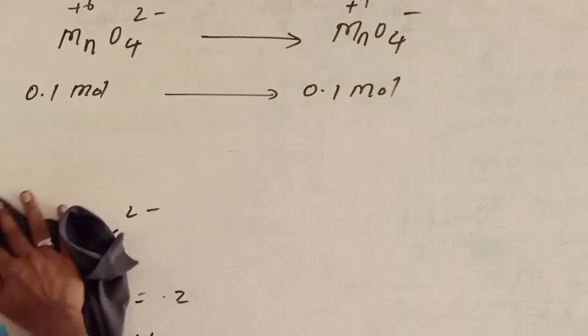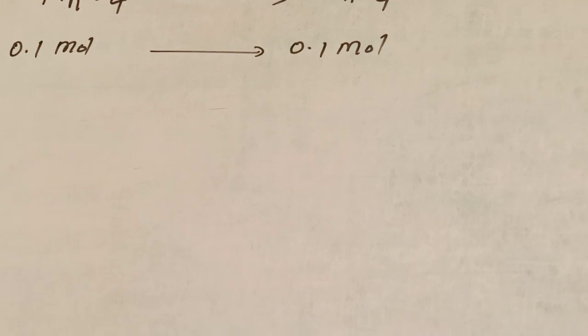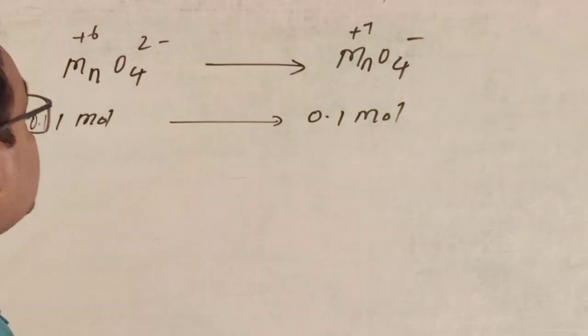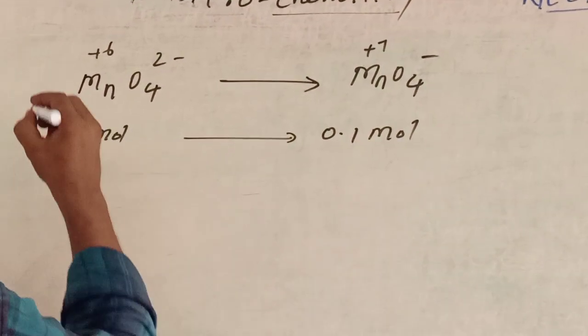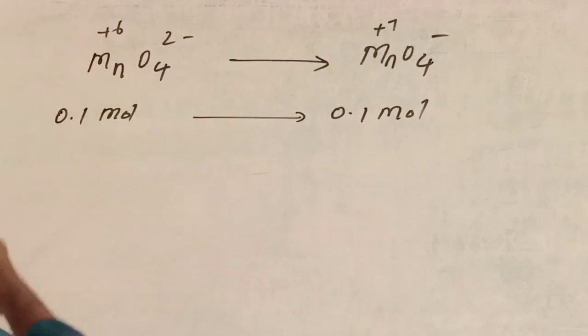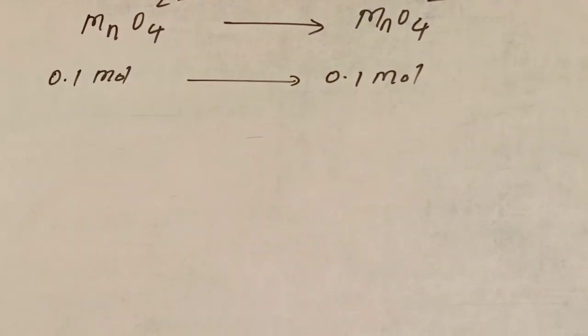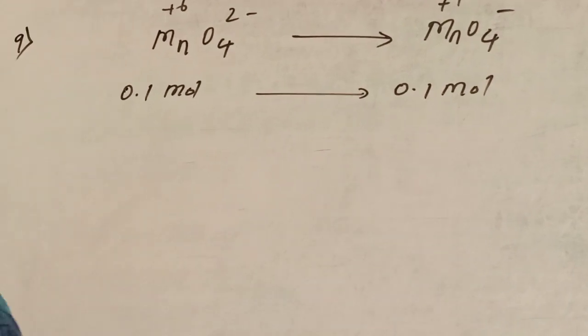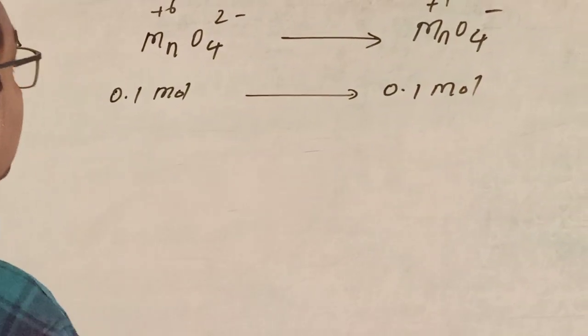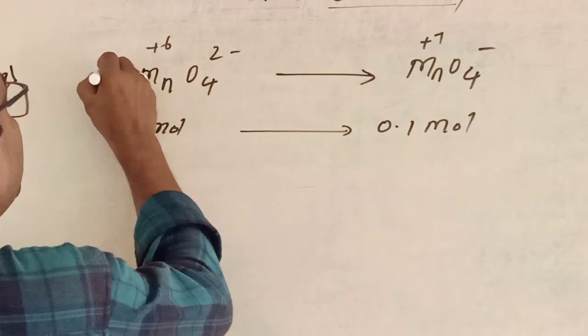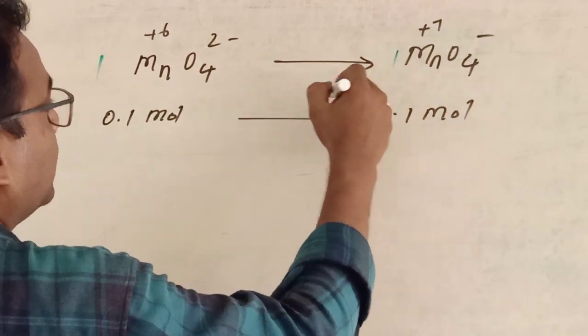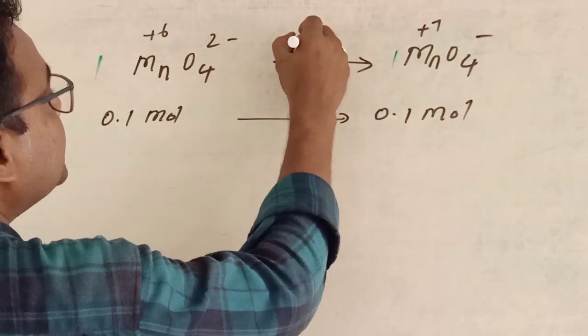So if it comes like plus 7, suppose it is 1 mole, then the number of electrons changed is 1.